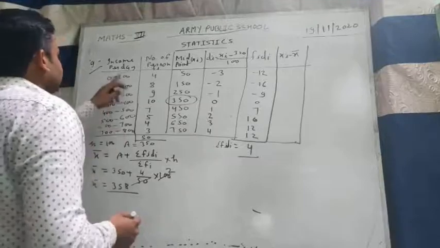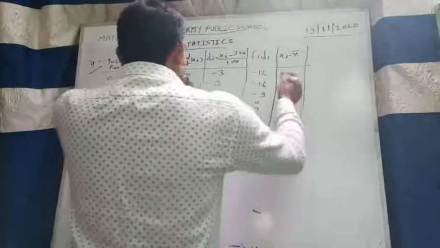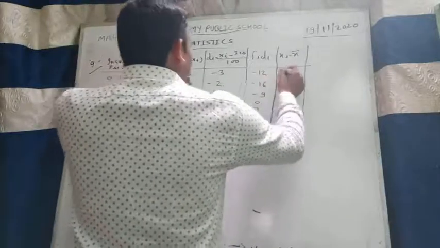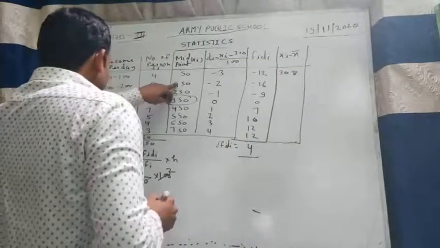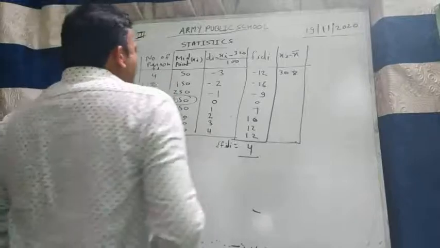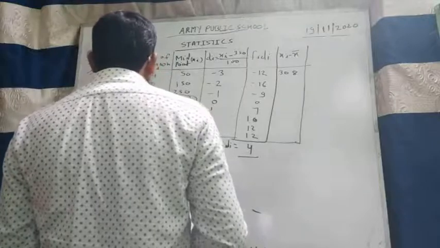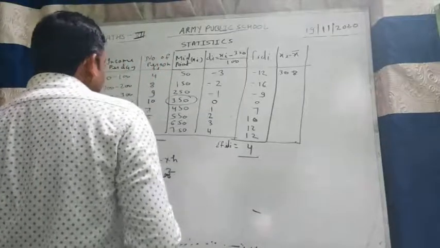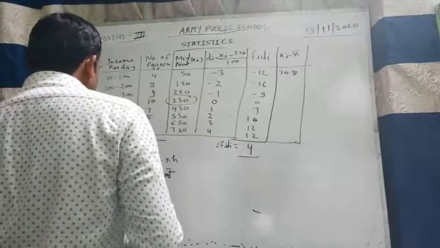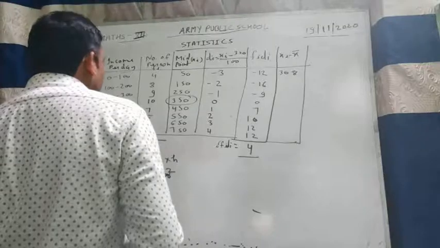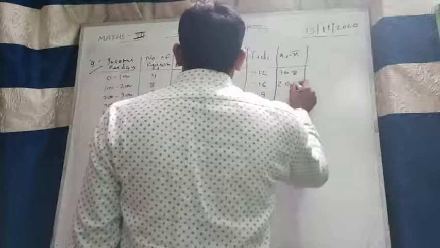So xi is 50. 50 minus 358, so it will be 308. Now 150 minus 358, it will be 208.